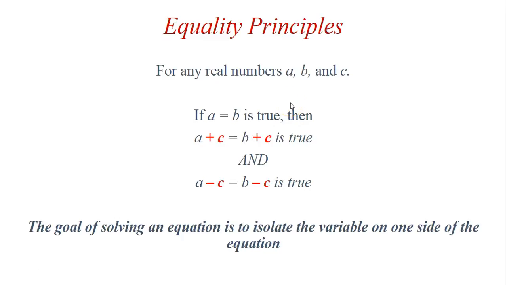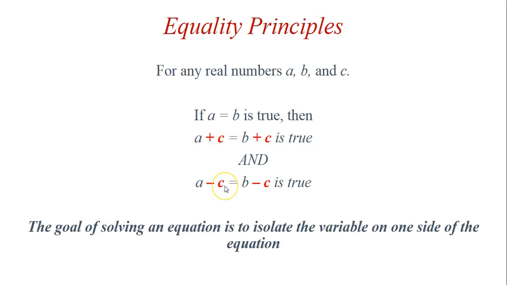And the same thing for subtraction, a minus c is equal to b minus c. Meaning, if we know a equals b is true, then we add the same number to both sides. So that's a equals b is true, and we're adding c. We're adding the same number to both sides. The resulting equation must also be true because we just added the same number to both sides.